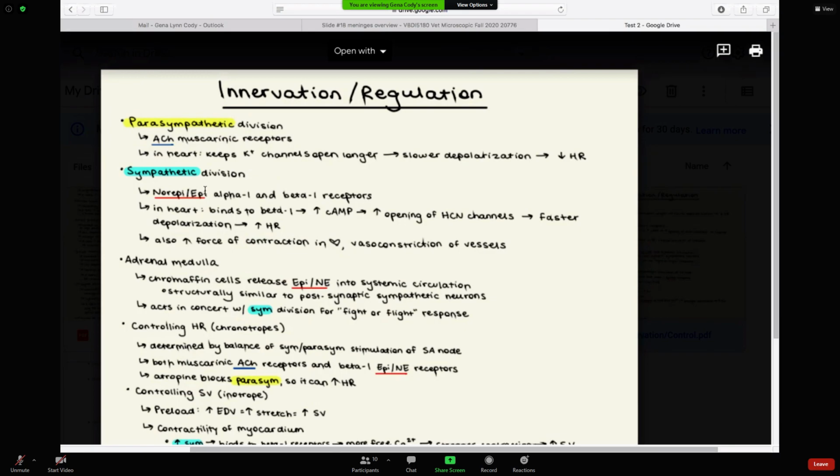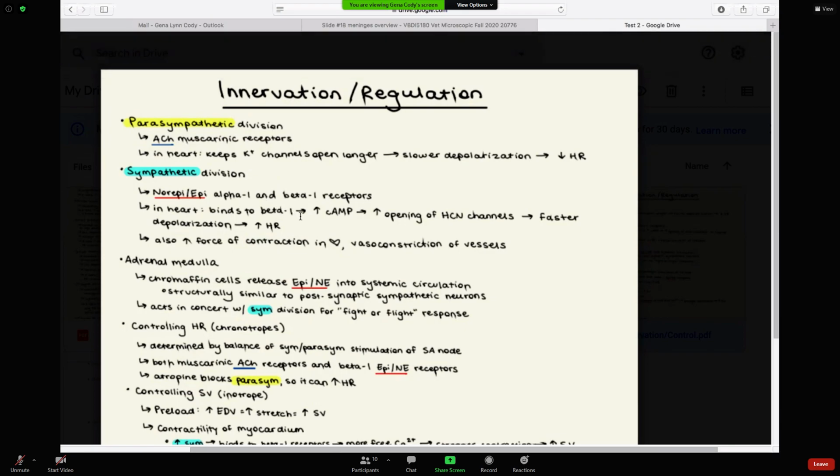Sympathetic, on the other hand, acts on the funny channels. The HCN stands for hyperpolarization-gated, I don't know the full term, cAMP sodium channels, right? So this cyclic AMP speeds up the reaching of threshold.